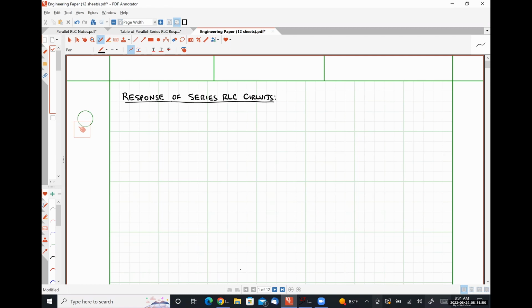So let's say that we have the following circuit, where we have a voltage source Vs connected to a switch.